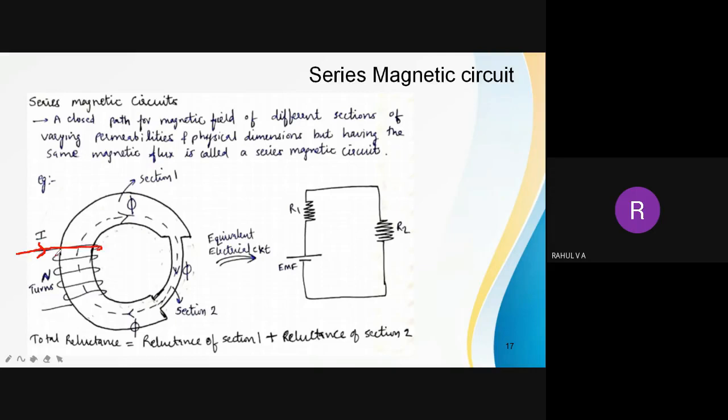Whenever we are passing current through it, we know that the flux will flow from north pole to south pole, and flux will flow through this material only because it is the path which has very little reluctance.